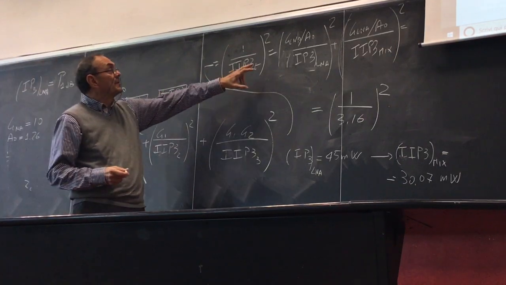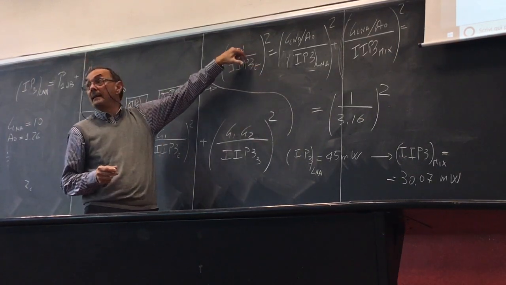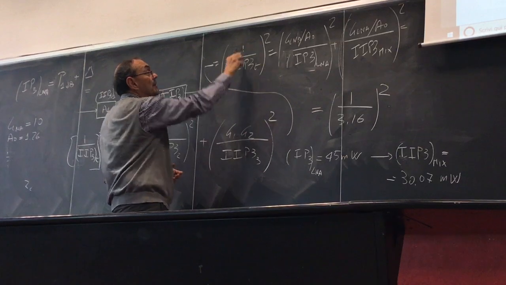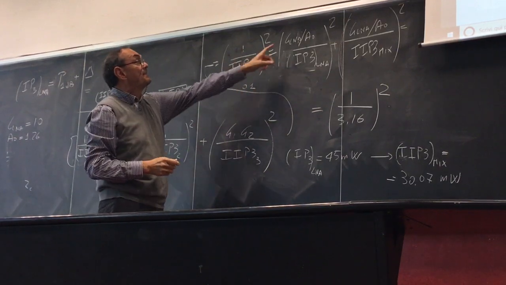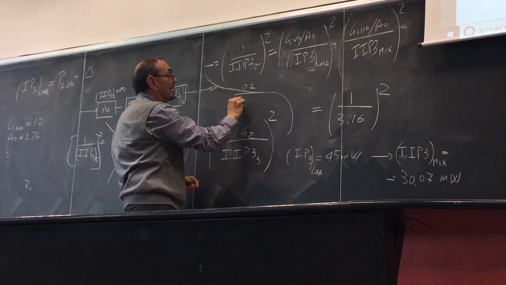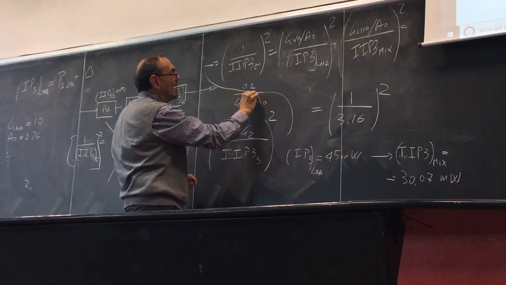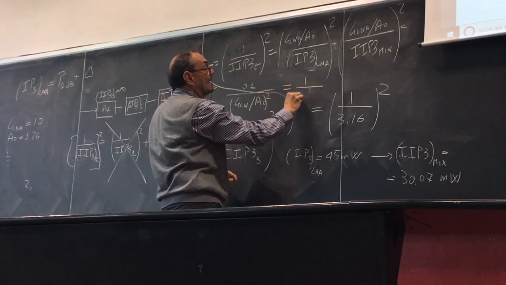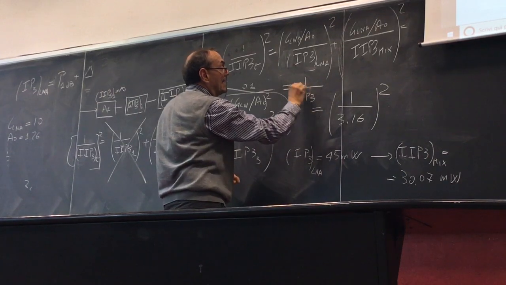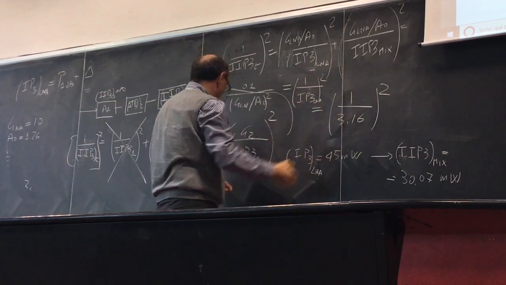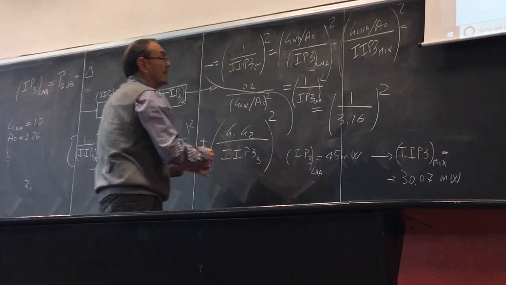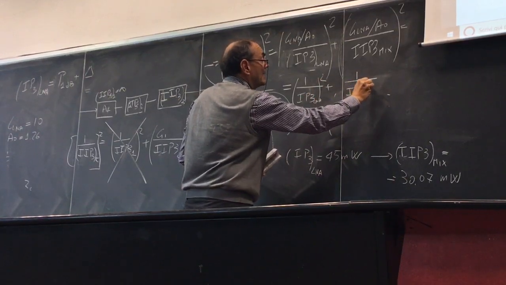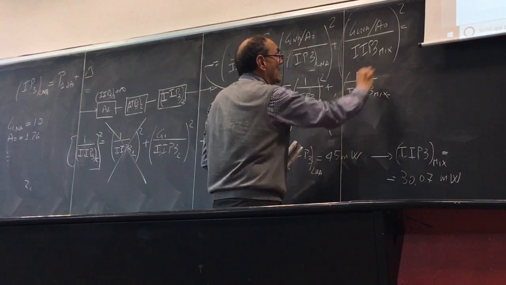Okay. The reason is this. This term squared means about 0.1. All this term squared means 0.1. This must be divided by G_LNA times A0 divided by A0 squared. So this is equal to 1 divided by IP3 LNA squared plus 1 divided by IIP3 mixer squared.